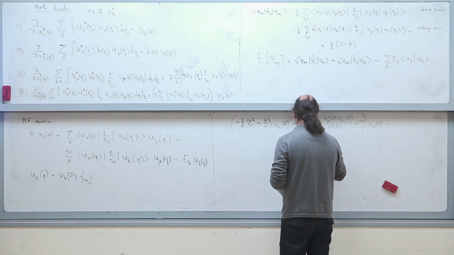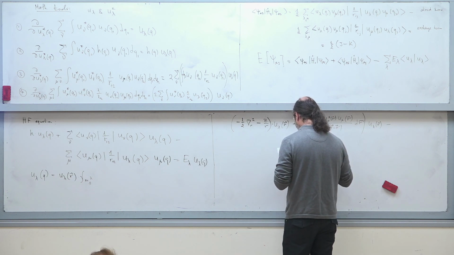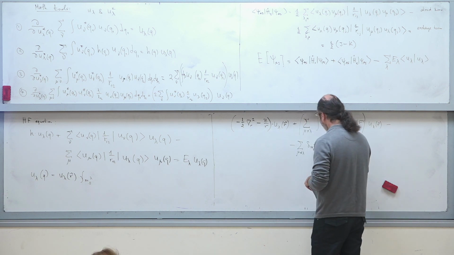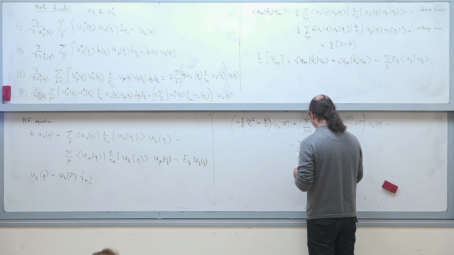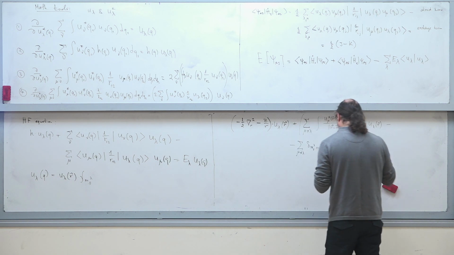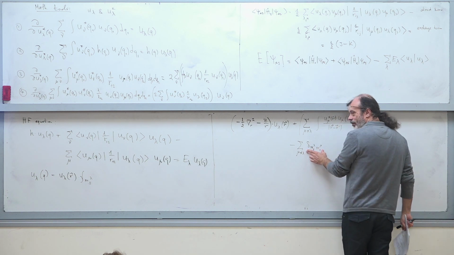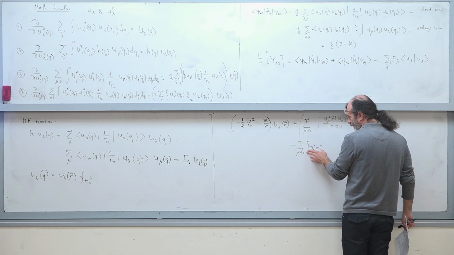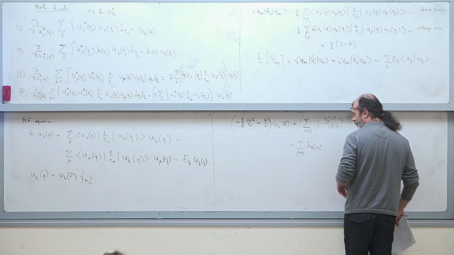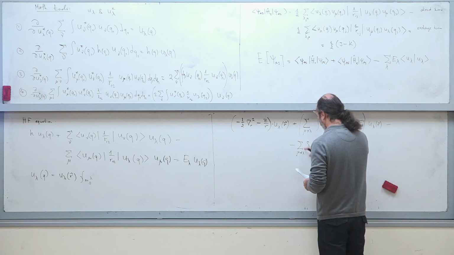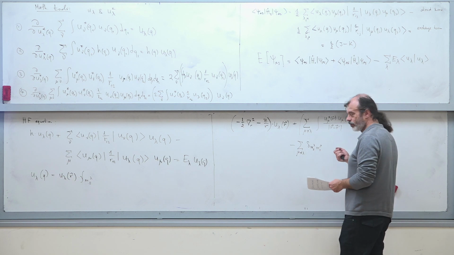But here we have this delta function that makes the spin of the orbital lambda and orbital mu the same. It zeros out quite many terms, and only if we have the same spin do we have exchange between indistinguishable particles.